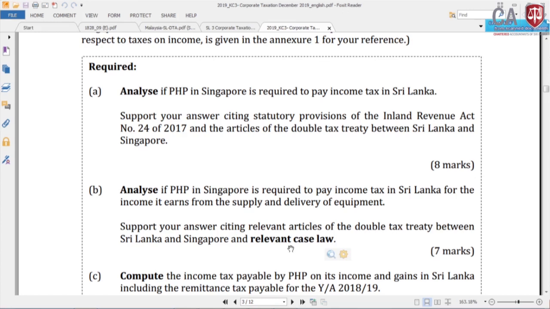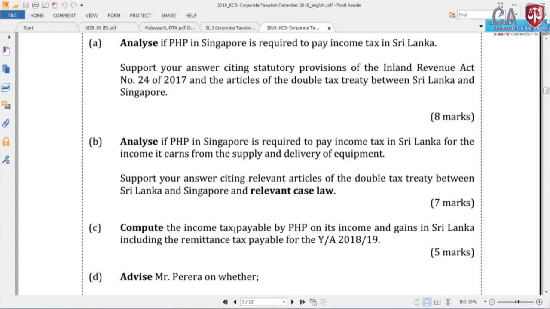There is no long list of case laws for this. Therefore, you need to determine which case law is relevant to this. How to determine? All the answers are given in your question. You should read the question carefully.